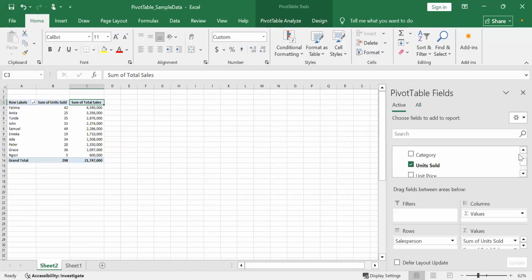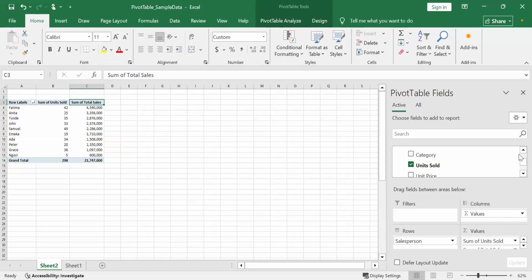We're looking at the performance of each of the sales reps based on units sold. So what did they generate for the company? Exactly. So even though Fatima did not sell more units, she has the largest total sales.